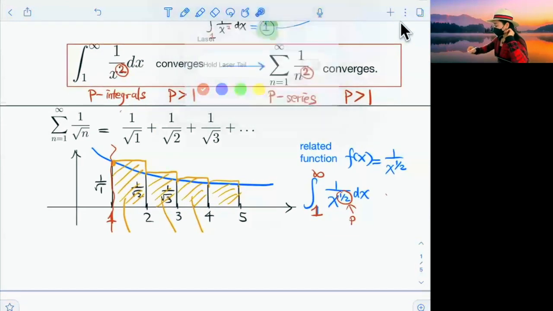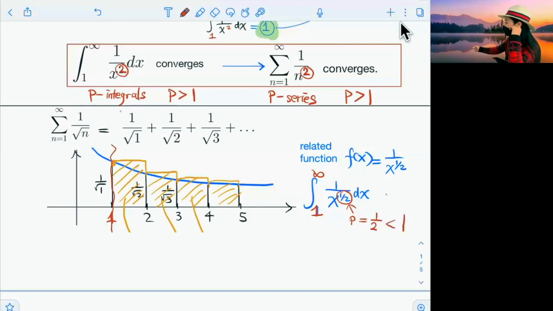All right. Now the next one, let's look at this series here. 1 over square root of n. If I write it out, it's going to look like this. The relating function is 1 over square root of x, and it's going to look like this. And P here is equal to what? 1/2, which is less than 1, right? Does this integral here converge or diverge?